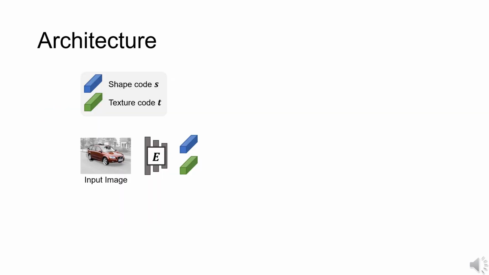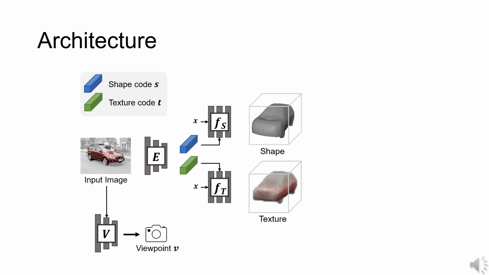We now describe the architecture of our shape reconstruction model. Given the input image, the encoder infers the shape latent code S and texture latent code T. By conditioning the shape MLP Fs and the texture MLP Ft on these two codes, we obtain the shape and texture reconstruction of the input object.